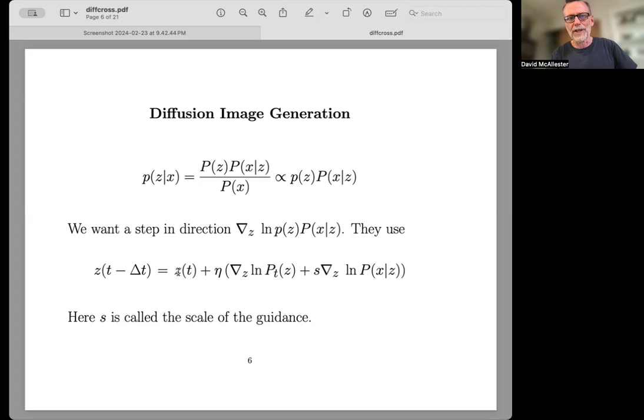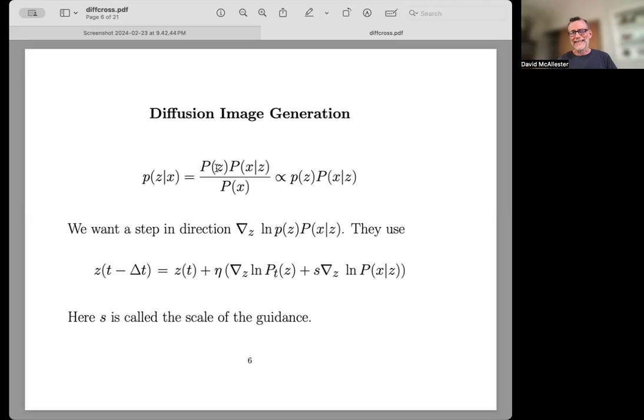So we take the image at stage t, and we move in the direction of improving the prior probability of Z, which is also going to depend on t, plus a relative weight, a way of relatively weighting these two terms, times the gradient of the log probability of the label given Z. So given a label, we're looking at two things: the probability of the label given the image and the prior probability of the image.